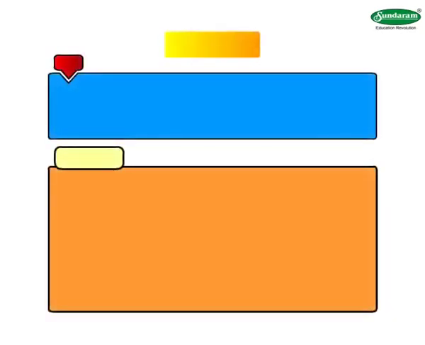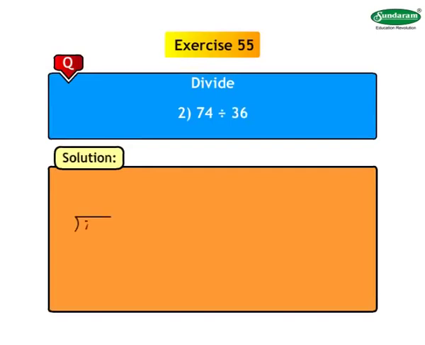Let us now take an example from exercise 55. Question. Divide. 2. Divide 74 by 36. Solution. Here, the dividend is 74. Divisor is 36. We have to divide 74 into 36 equal parts.